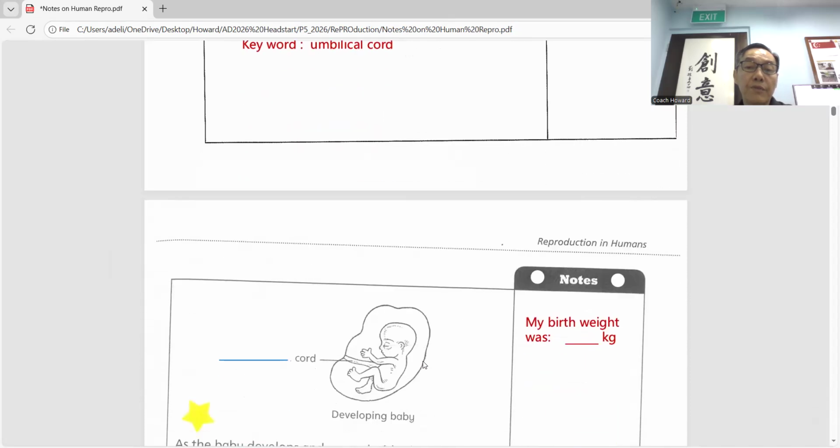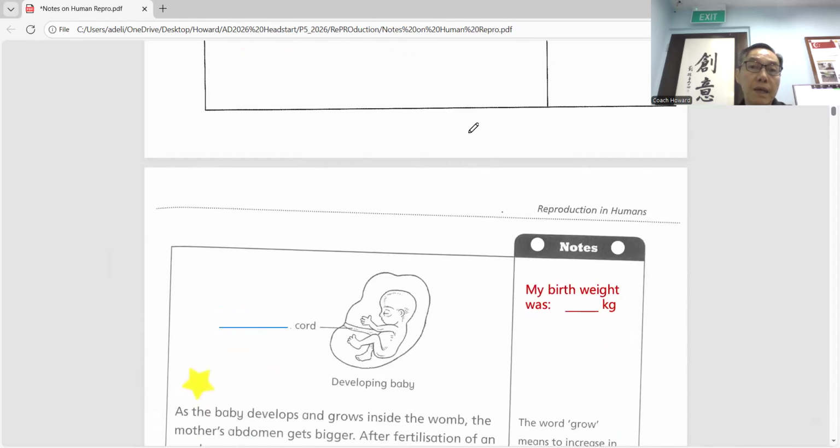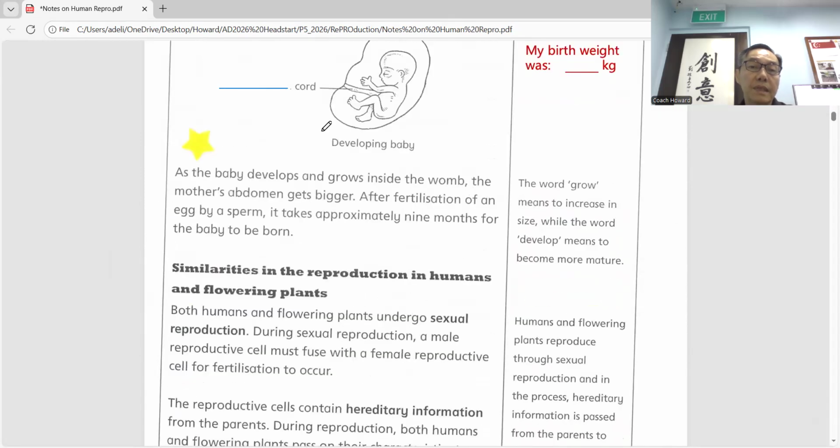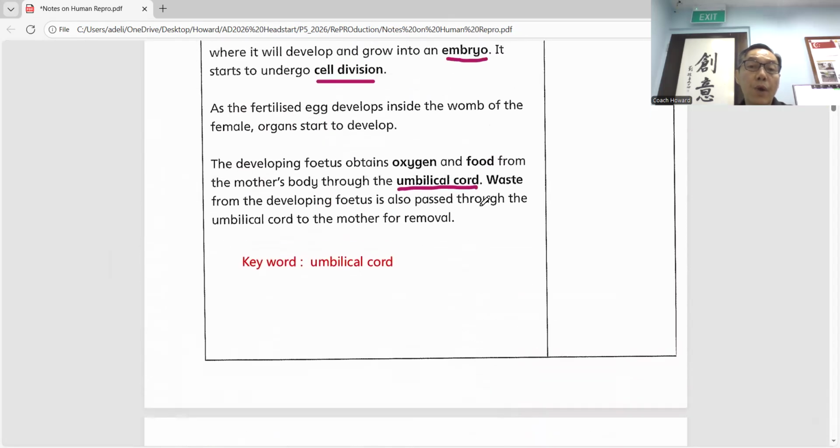On the next page, I want you to fill in the blank in this part. So you learn the spelling, try not to look at the spelling and transfer it over here. The umbilical cord is the passage whereby the fetus, this word here, fetus means unborn child, obtains oxygen and food from the mother's body. At the same time, because the baby or the fetus will produce waste, the waste is also removed through the umbilical cord.